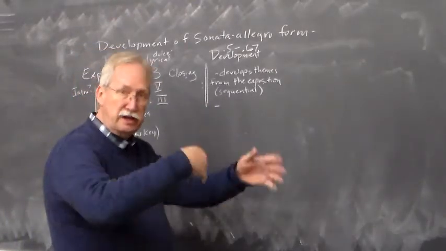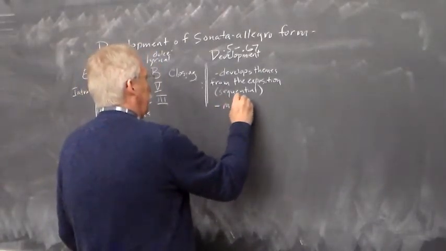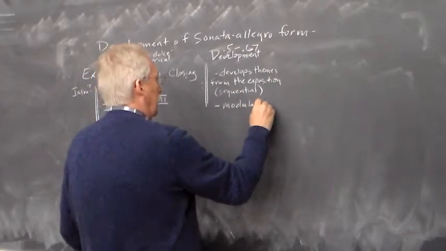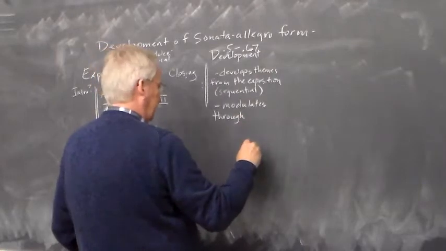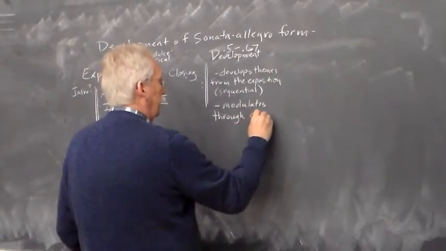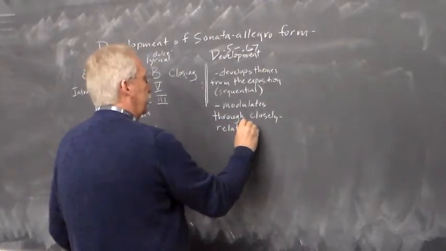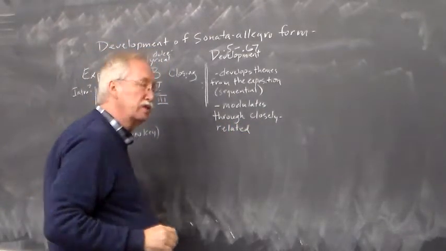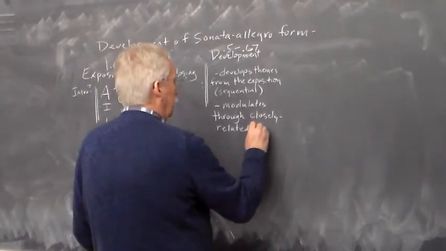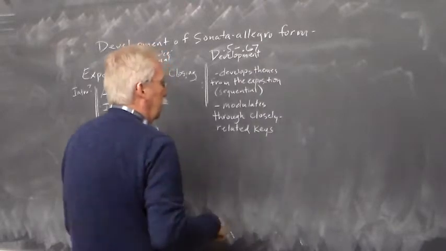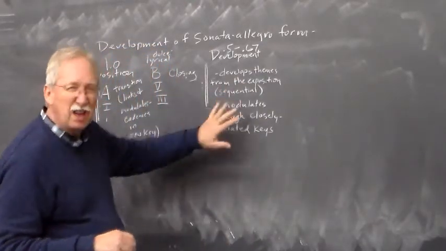Then they continue that idea in the 19th century. I'll put closely related because we're talking about this classical form, so Mozart and Haydn, early Beethoven. But you don't know exactly what keys it'll go through, exactly how long this will be.